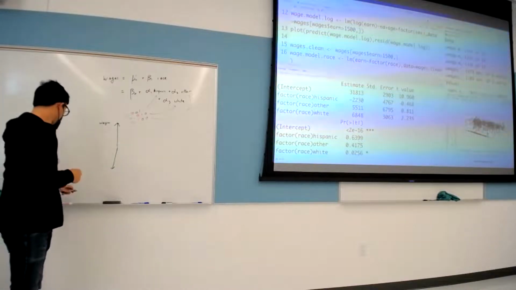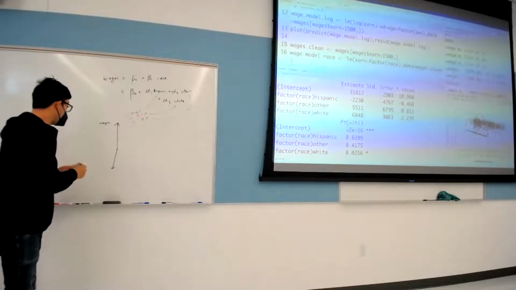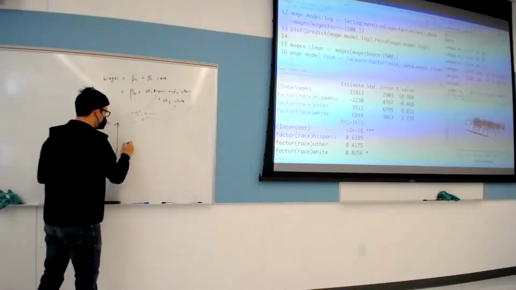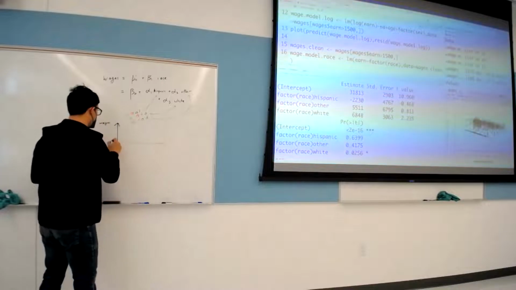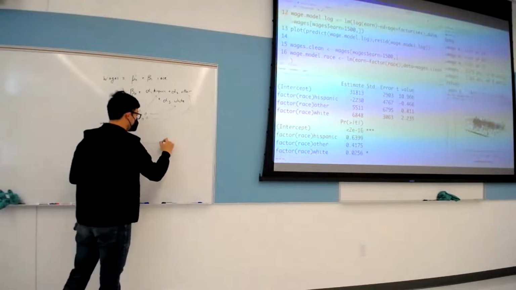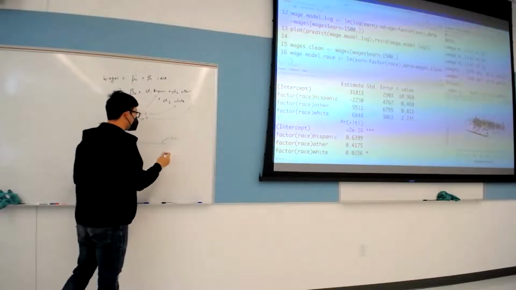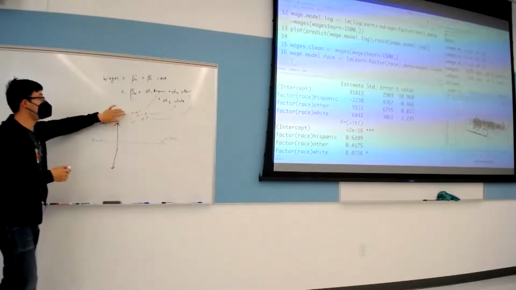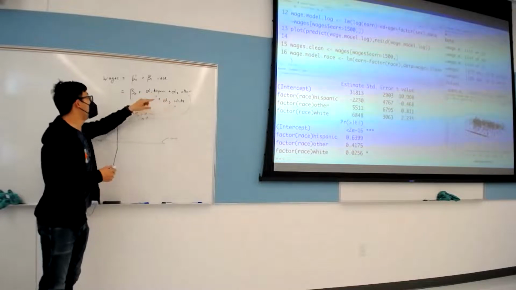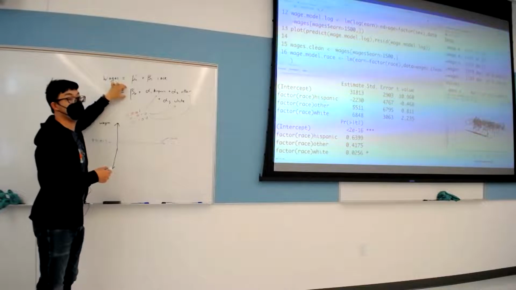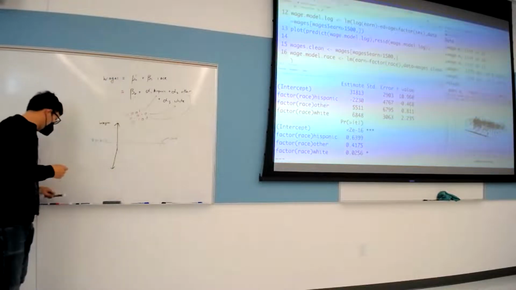That is going to be 31,813. So I will have some value here, at $31,813, and this is if you are Black. The configuration here is that if you're Black, that's 0, 0, 0, and your intercept represents the base value of that race.